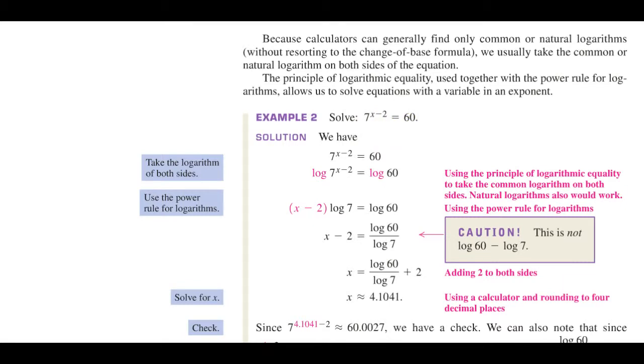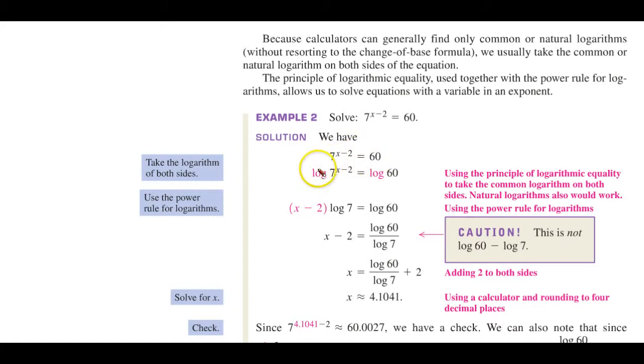I could write it out, but there's lots of writing. So here is an equation. Now notice this is in exponential form. We're going to change this to the log form. So there's our first step, no changes at all.